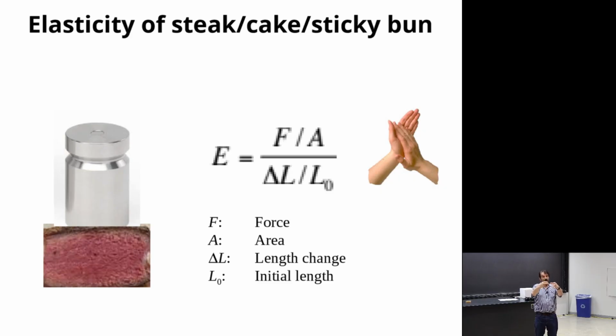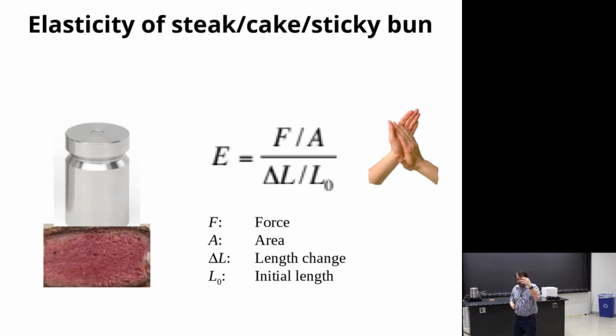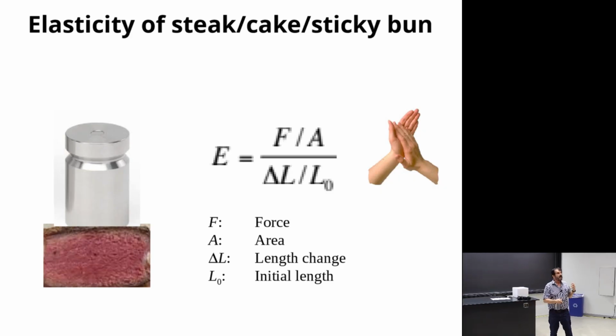But if I have a steak and I make it larger and larger, I have to put more and more force on it. So what I have to do is somehow talk about this in terms of something that doesn't depend on the dimensions of what you do, but depends only on the parameters, on the spring constant of the steak. So I use this equation.